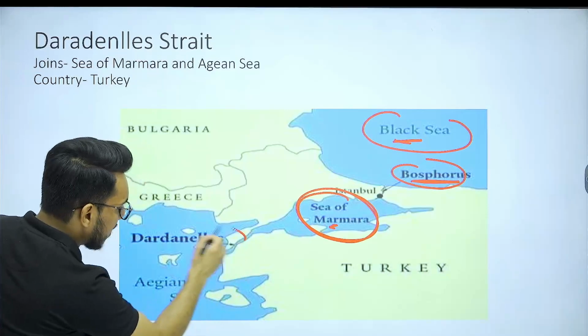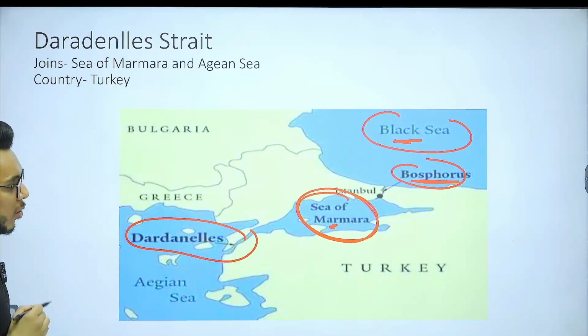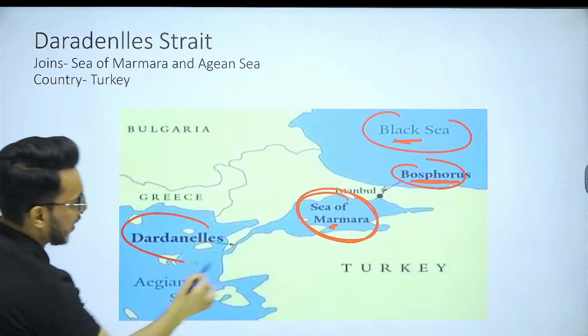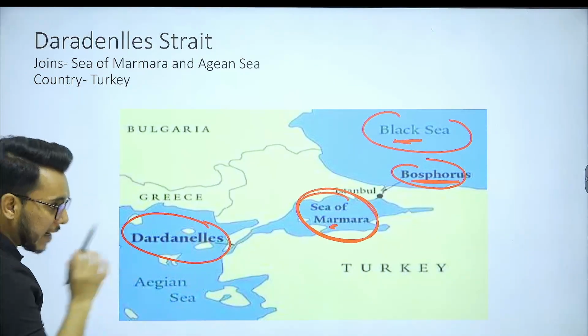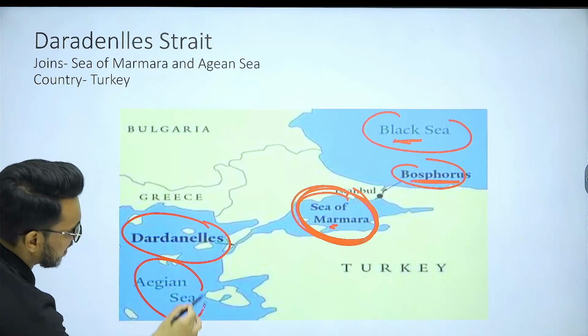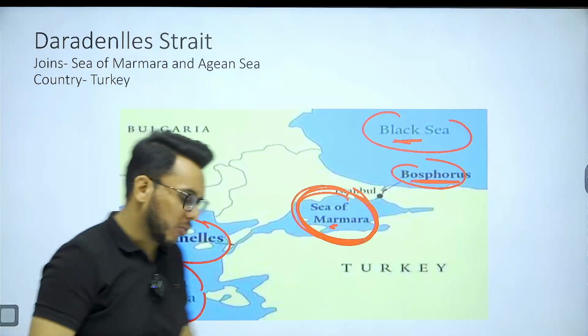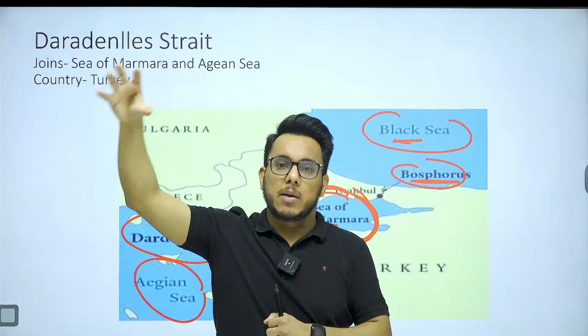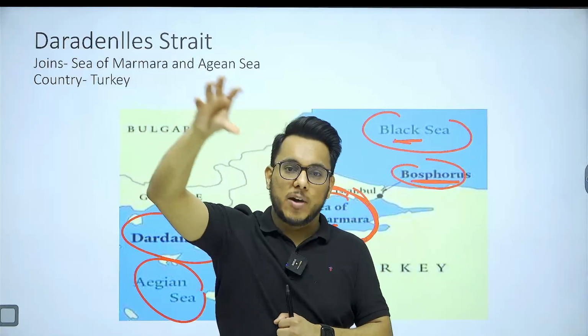Then again there is one more strait that will come. That is the Dardanelles Strait. Now Dardanelles Strait connects Sea of Marmara in north with Aegean Sea in south. So just imagine you are sitting on a boat, you are in Black Sea. From Black Sea, what you will enter first?